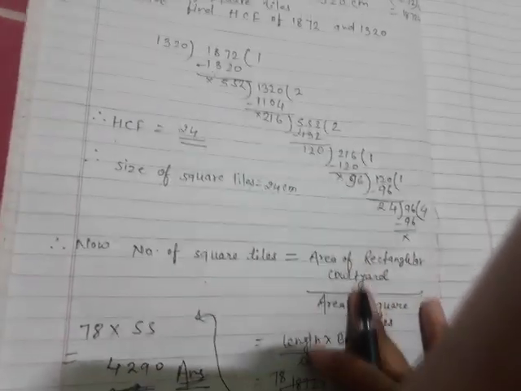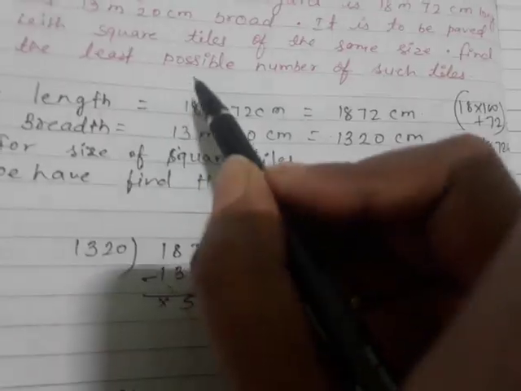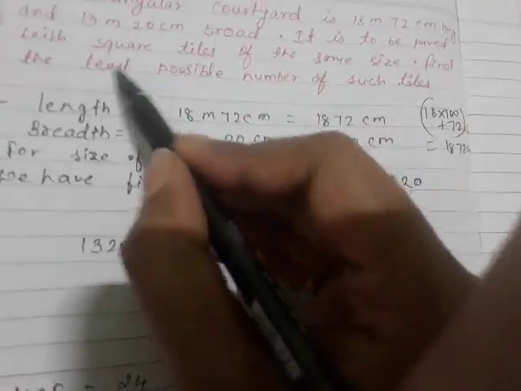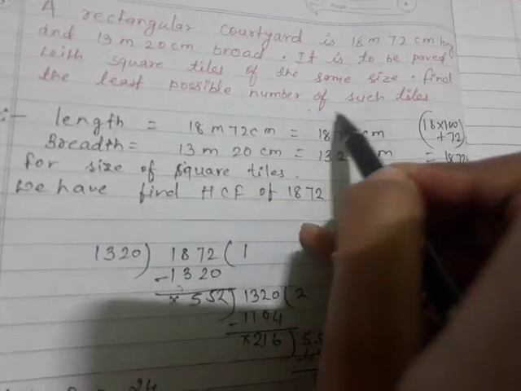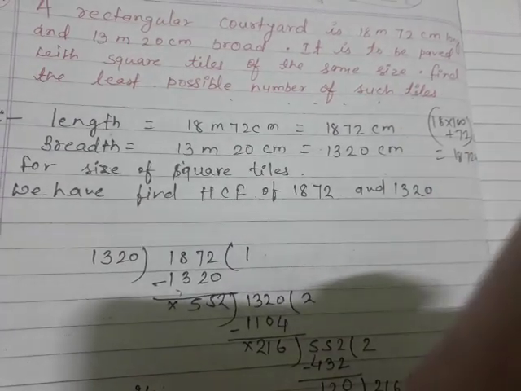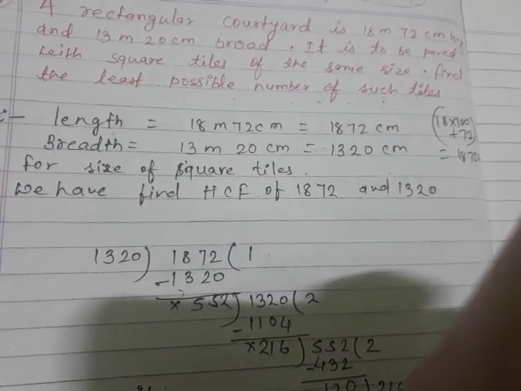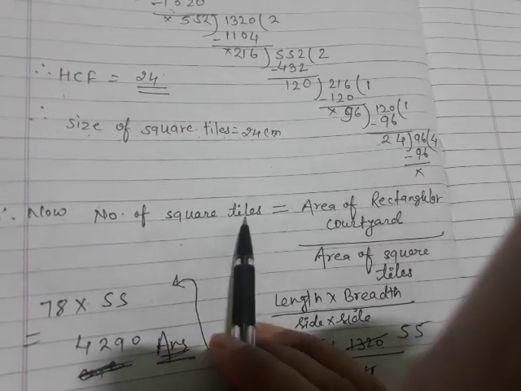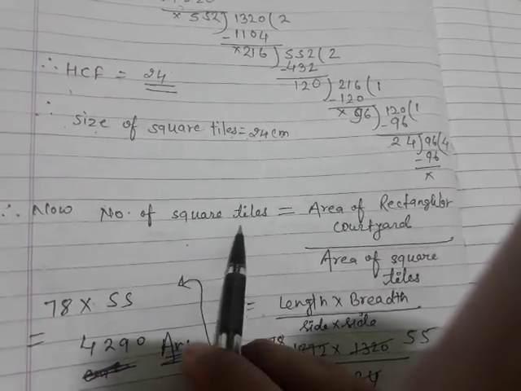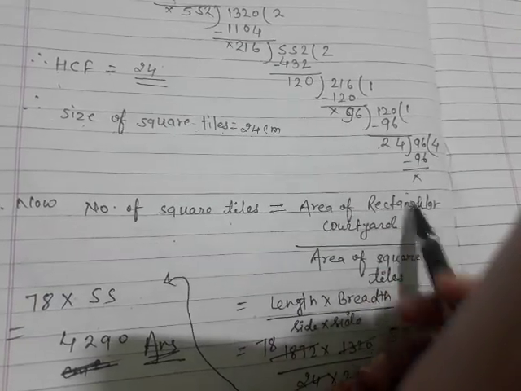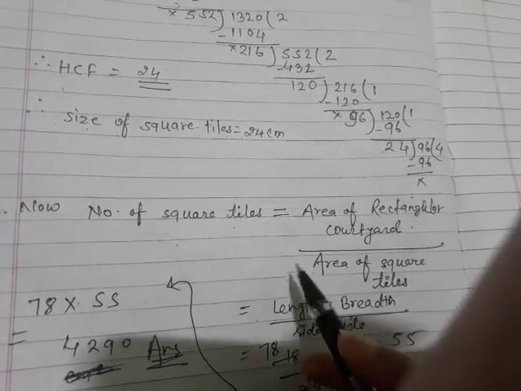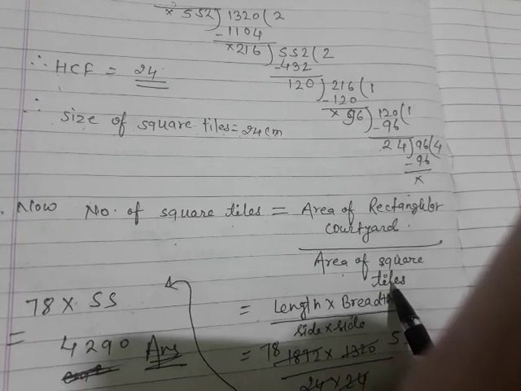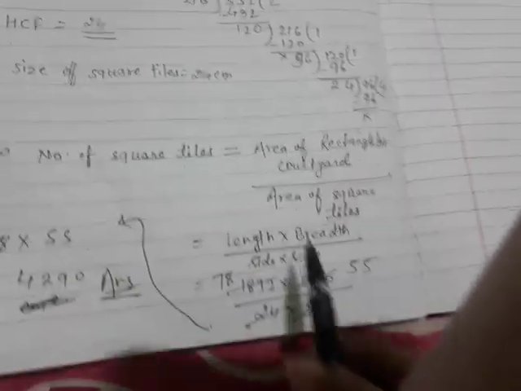Now what we have to find is the least possible number of such tiles. The number of square tiles is equal to the area of the rectangular courtyard divided by the area of a square tile.